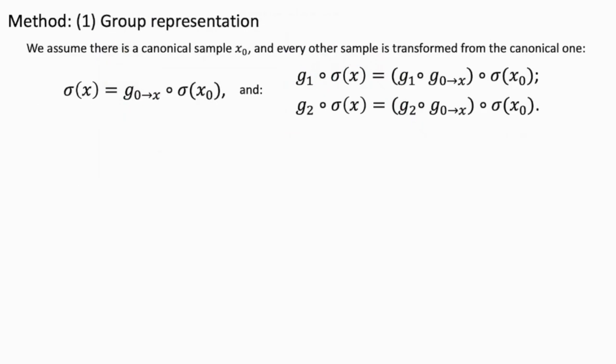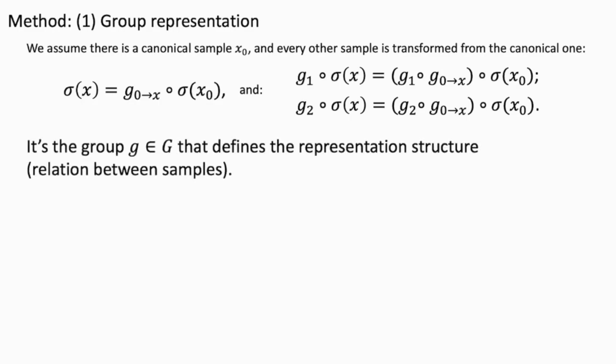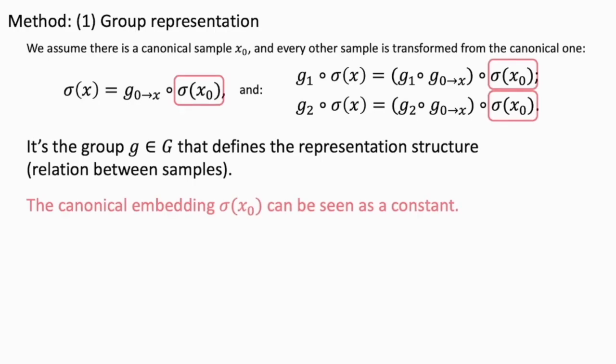From this modeling, we can see it is the group G that defines the whole representation structure, and the canonical embedding sigma x0 can actually be seen as a constant.